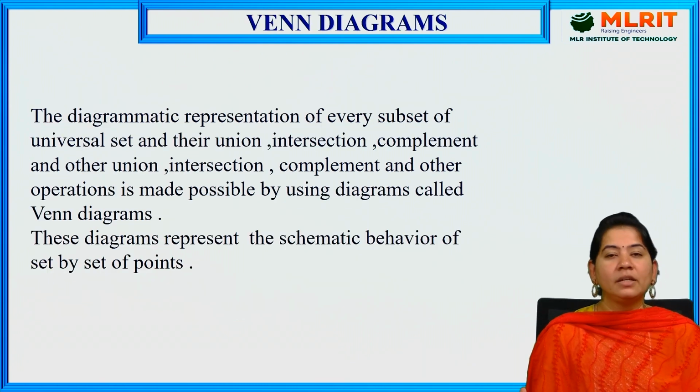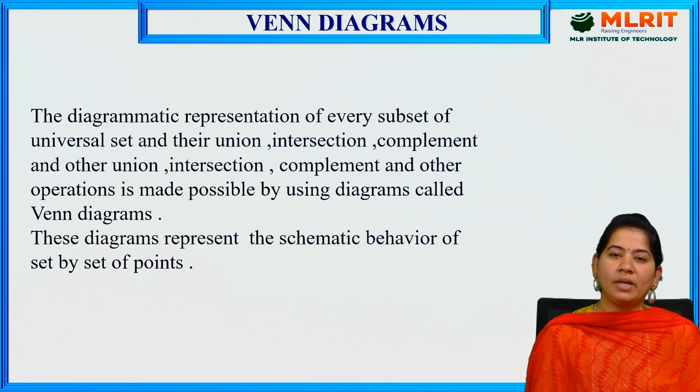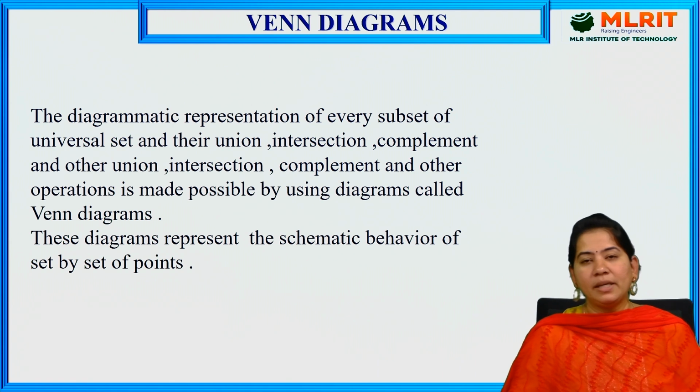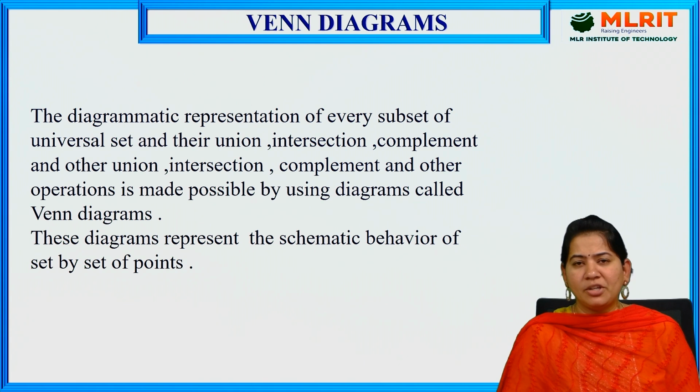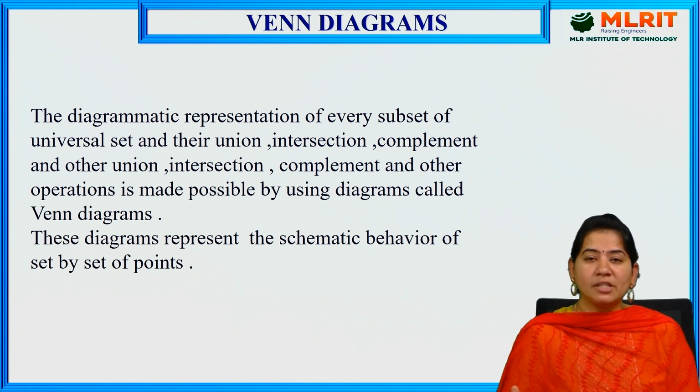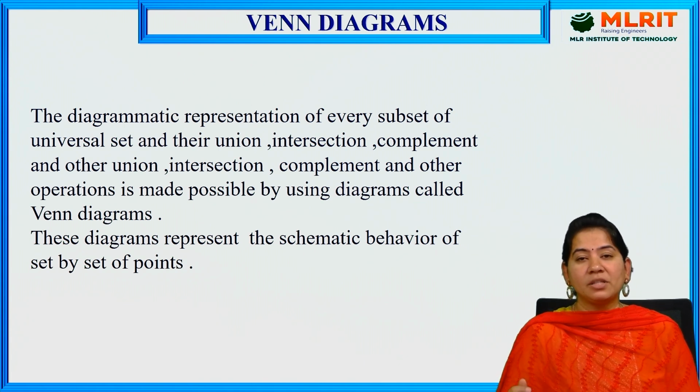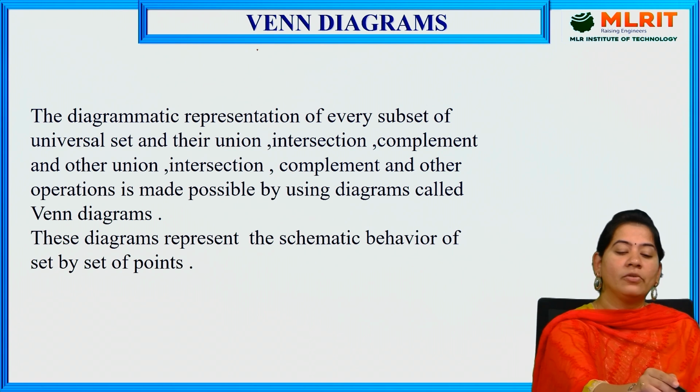And next, Venn diagrams. What are Venn diagrams? If you represent sets in the form of graphs, that is, a pictorial or diagrammatic representation of sets, it is called a Venn diagram.